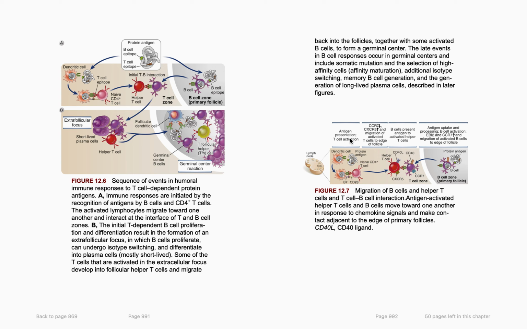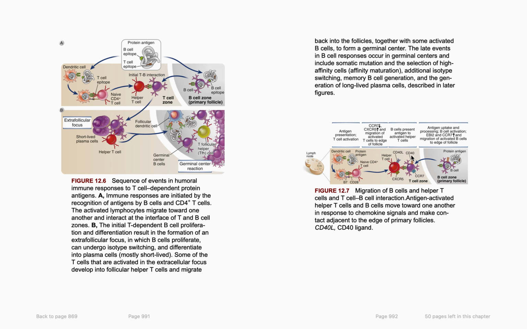So we see the antigen presentation to T cell activation in lymph nodes. The dendritic cell is activated with the protein antigen, then interacts with the naive CD4 T cell, then the helper cell is activated and expresses CXCR5 and ligands and other things.